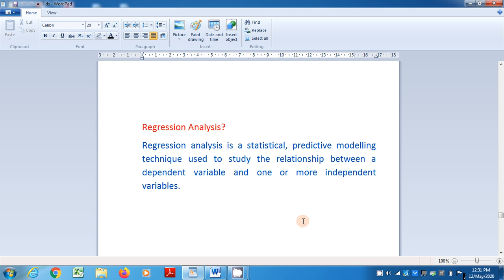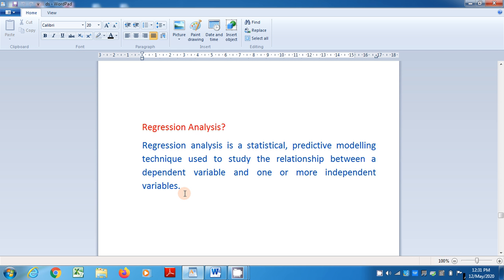So what do we mean by regression analysis? Regression analysis is a statistical predictive modeling technique used to study the relationship between a dependent variable and one or more independent variables. So what is a dependent variable and what is an independent variable?